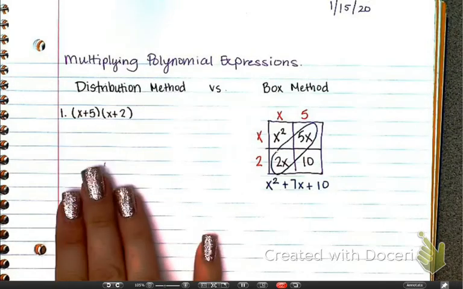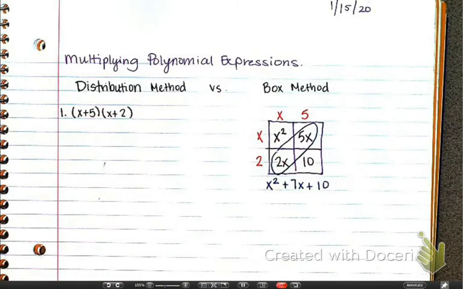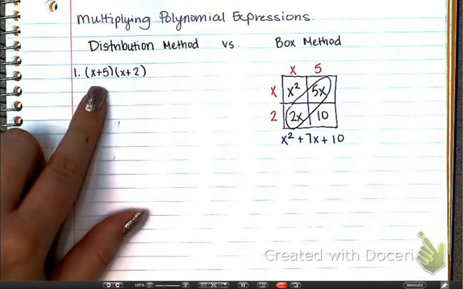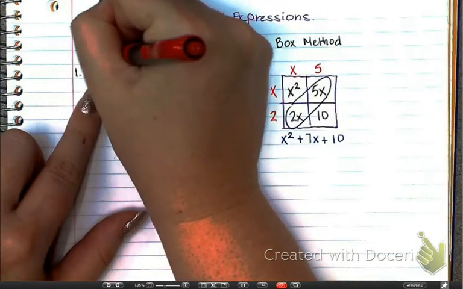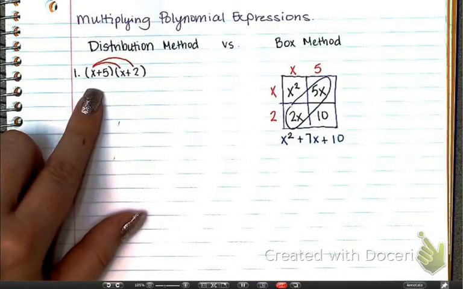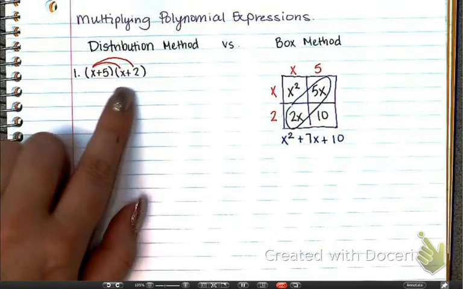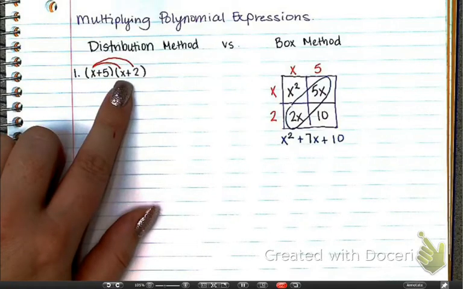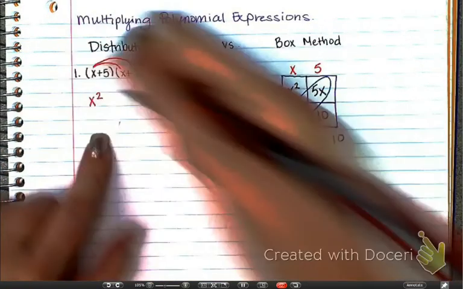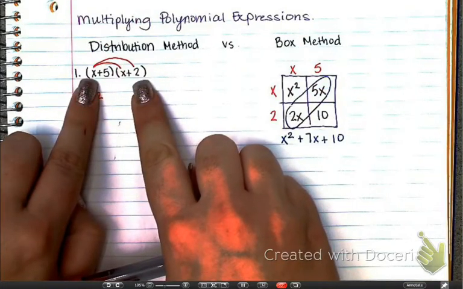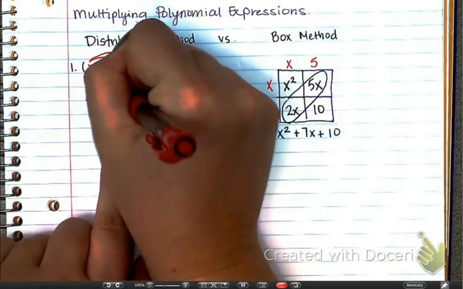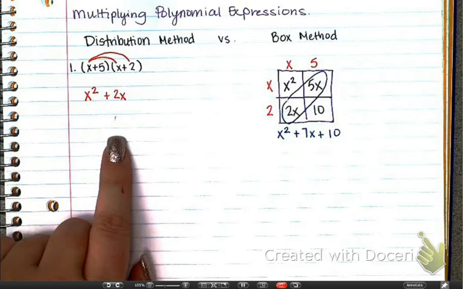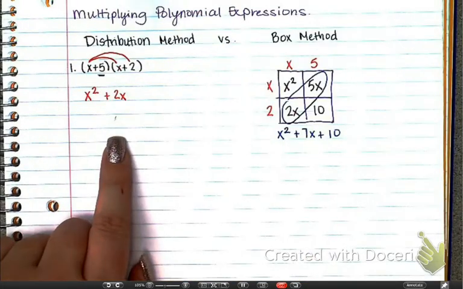Or we can distribute. So if we're going to distribute, which we will for this one, so you can see the difference, we're going to take the first term in our first set of parentheses and multiply it by both terms in our second set of parentheses. So what is x times x? X squared. What is x times 2? 2x. I'm going to do the same thing with the second term in my parentheses.